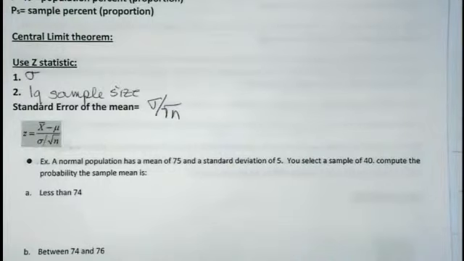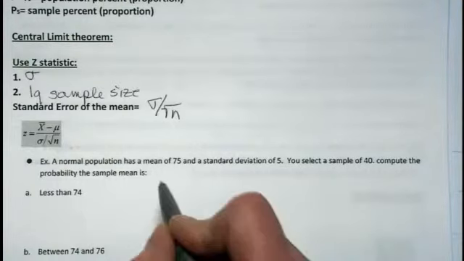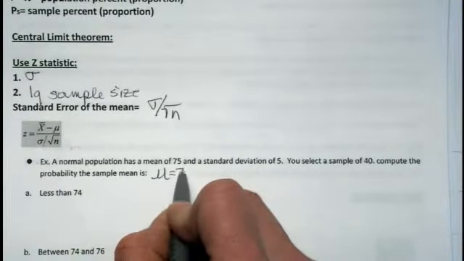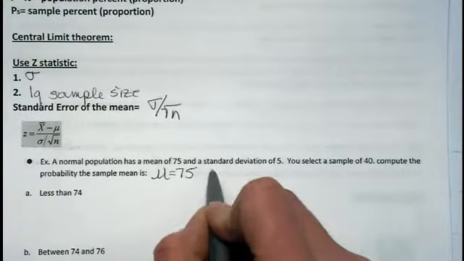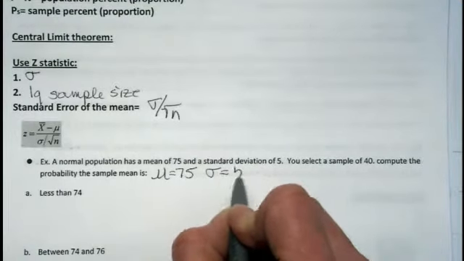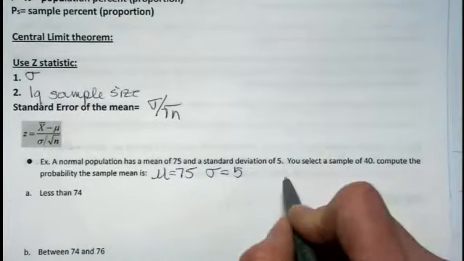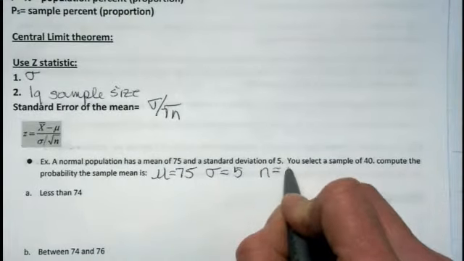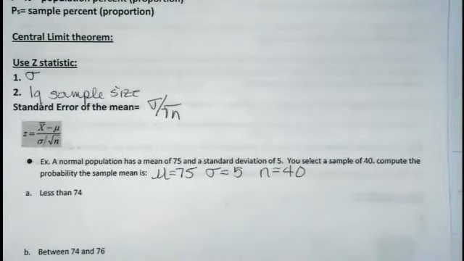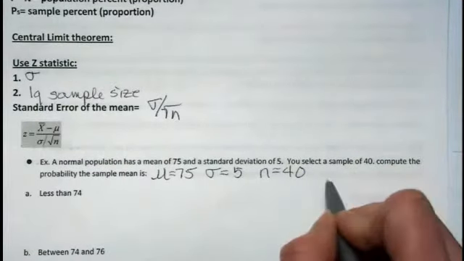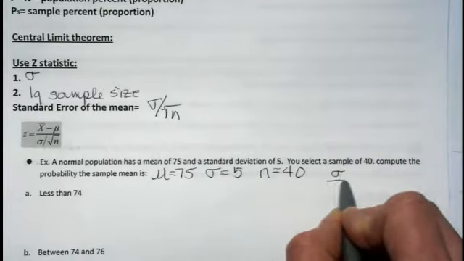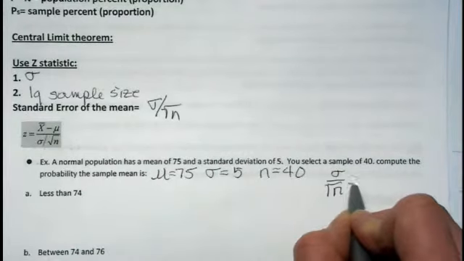So we know the population mean and population standard deviation. Mu is 75. But we're going to select a sample of 40, n equals 40, and we want to know, is it less than 74? Well, our first step now is to calculate the standard error.